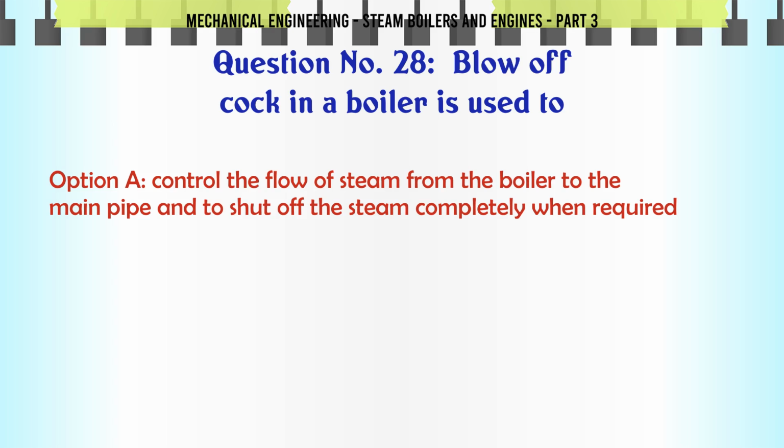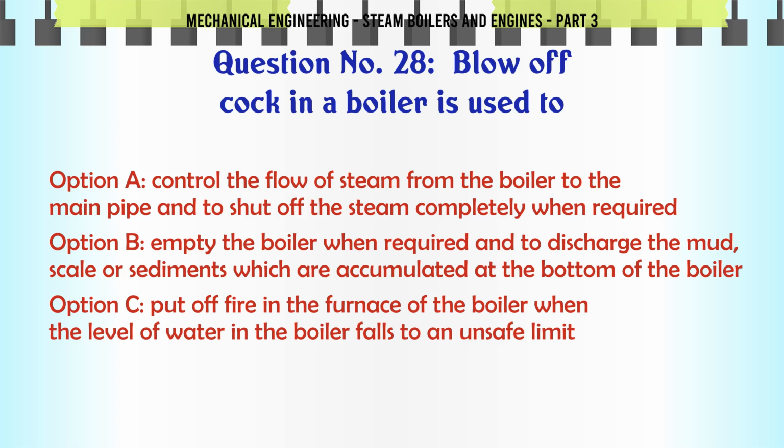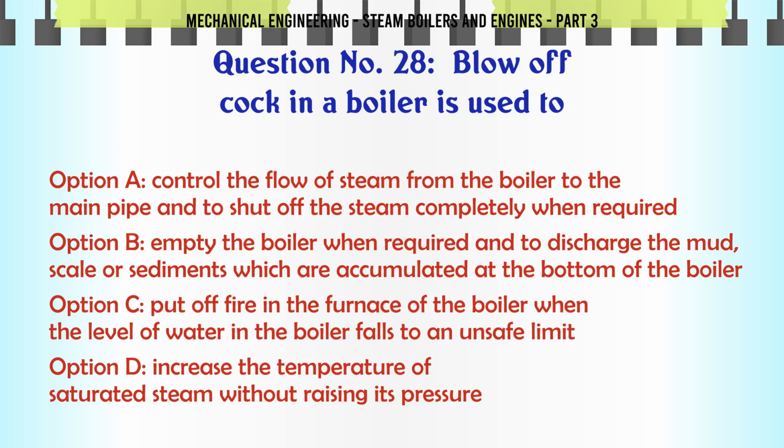Blow off cock in a boiler is used to A. Control the flow of steam from the boiler to the main pipe and to shut off the steam completely when required. B. Empty the boiler when required and to discharge the mud, scale or sediments which are accumulated at the bottom of the boiler.